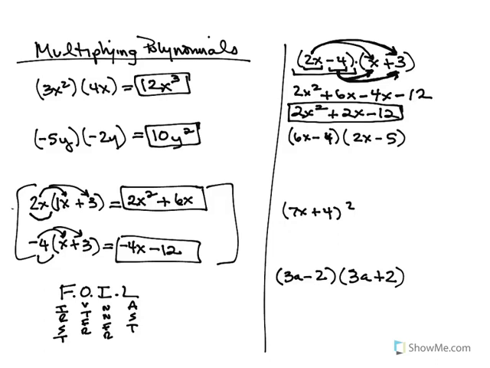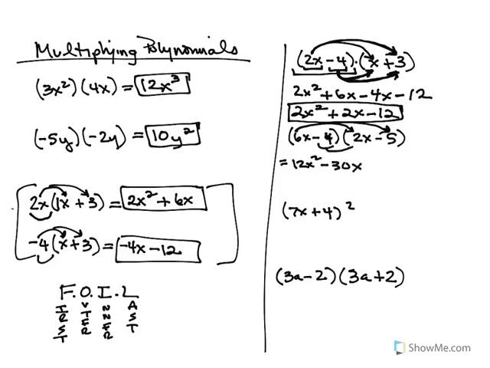All right, so next we have 6x minus 4 times 2x minus 5. So again, double distribute. So the 6x is going to distribute to everybody in the other set of parentheses. So what does that give us? That gives us a 12x squared. 6x times a negative 5 is a negative 30x.